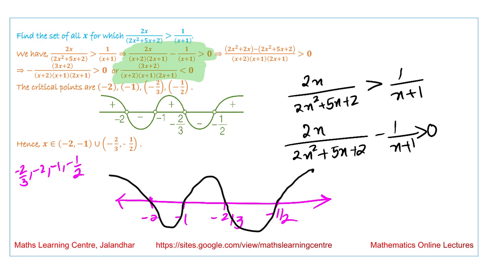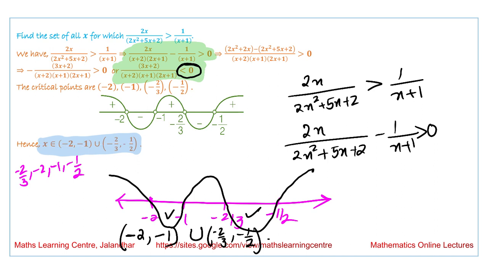The final answer we require should be less than 0, so we are interested in these two portions: -2 to -1 open interval union -2 by 3 to -1 by 2 open interval. So x belongs to this interval.